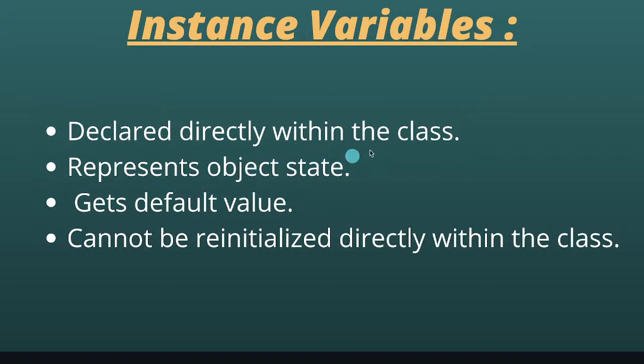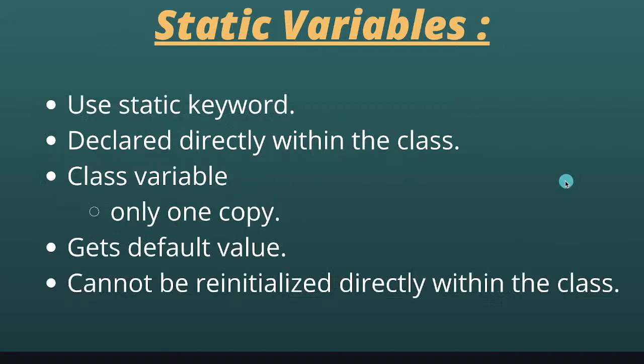Now an instance variable represents the state. Don't worry about this point, we'll see it. It gets a default value, and static variables also get a default value. We'll see this again, because when we were dealing with int, the data type, we did not discover what default value int gets.